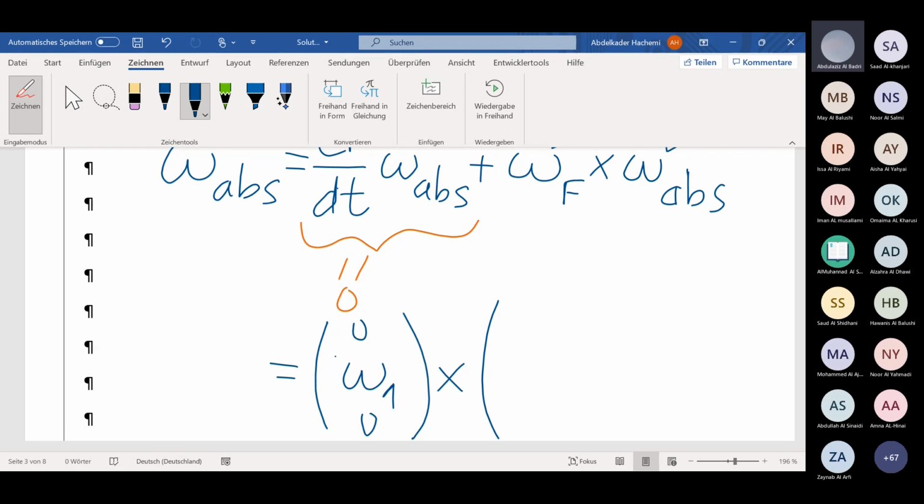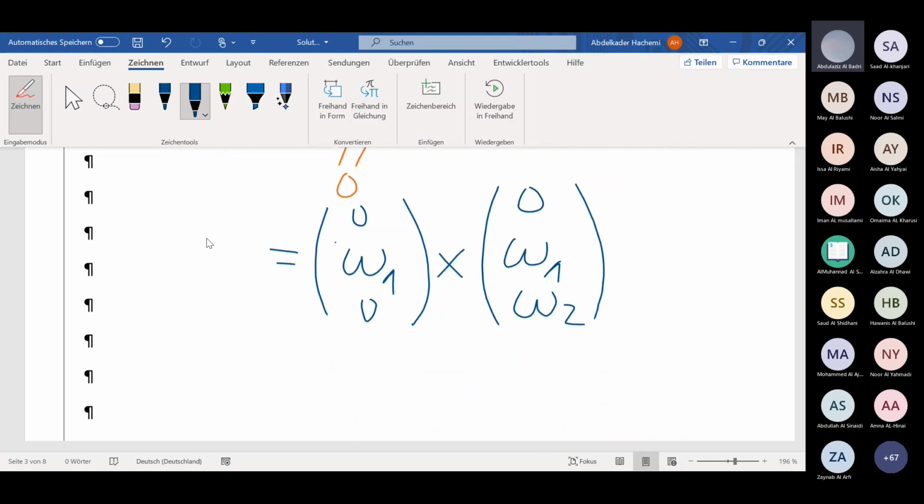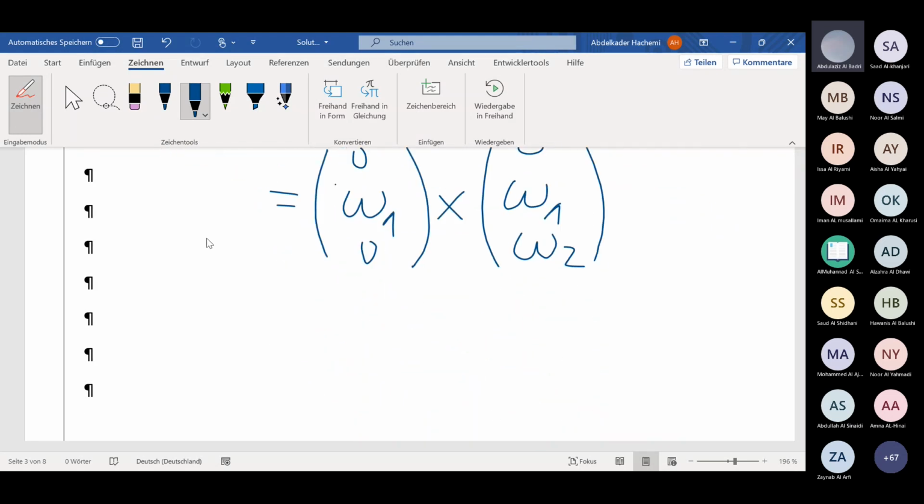Omega 1 is given in y direction, and omega 2 is given in z direction. Then we have 0 in x direction, omega 1, and omega 2. Then we have only to make the cross product, and then we get omega absolute here.